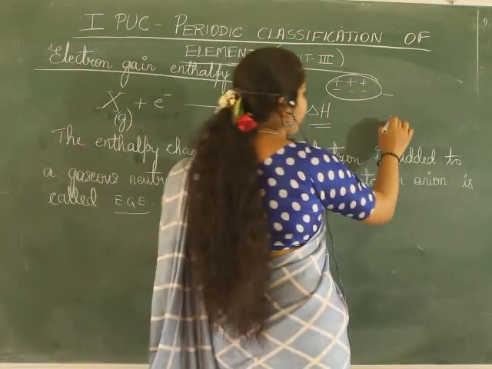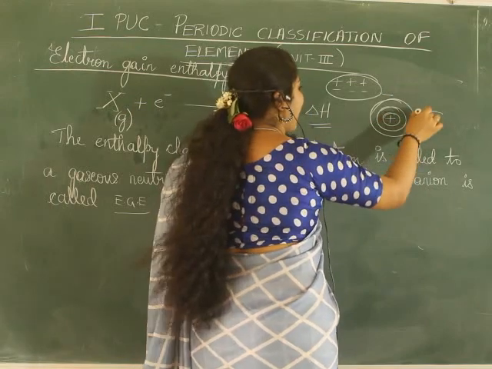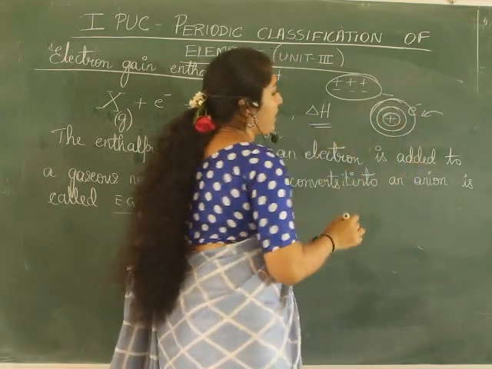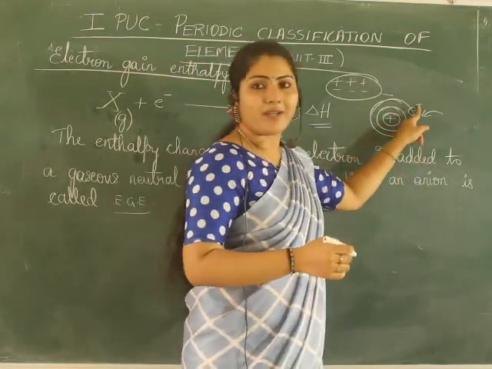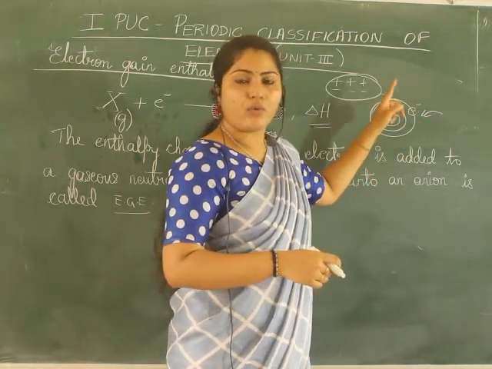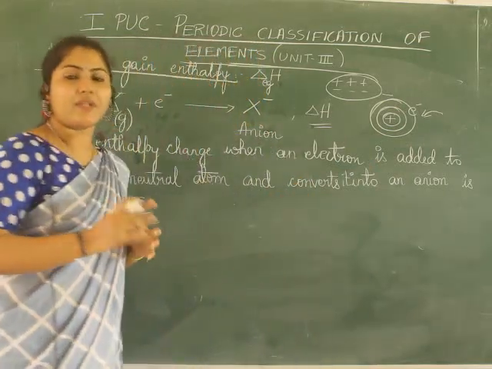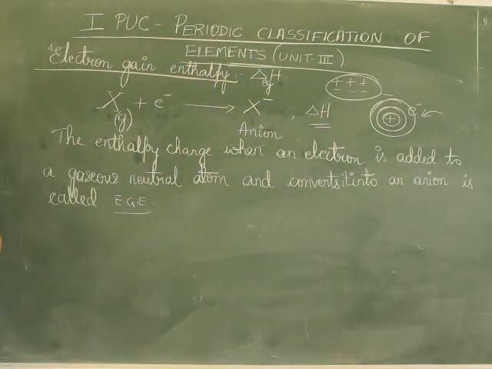It's like this. It is neutral. Now one electron has been added to it, because of which one charge becomes extra. It gains one negative charge. Now you call it an anion, isn't it? So during this process, the enthalpy change is called electron gain enthalpy.